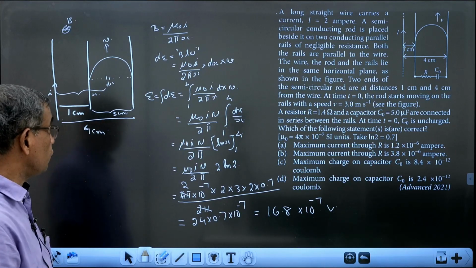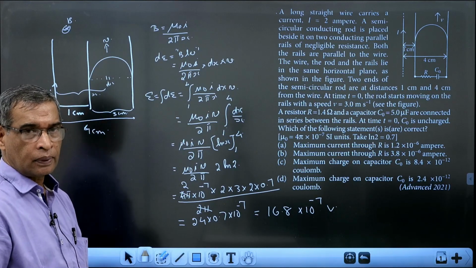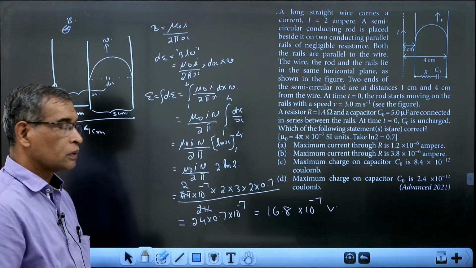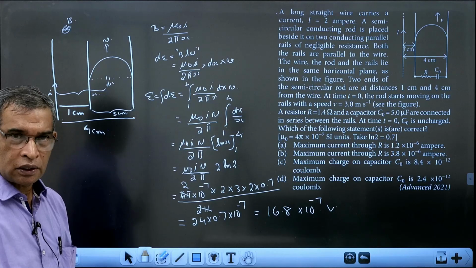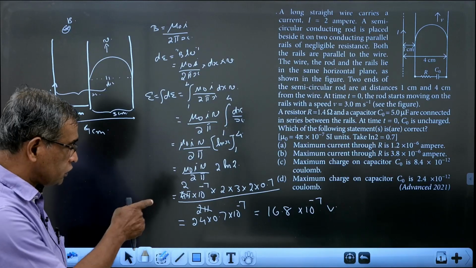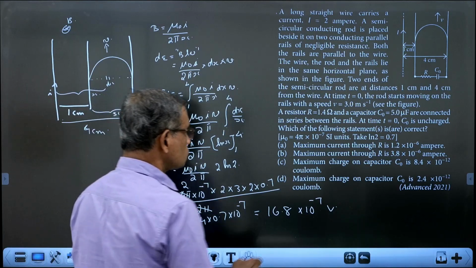This is the EMF induced due to the motion of this shaped conductor in the problem. Irrespective of the shape, you know that the EMF remains the same as this much.